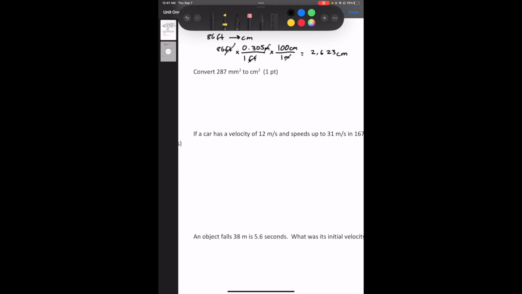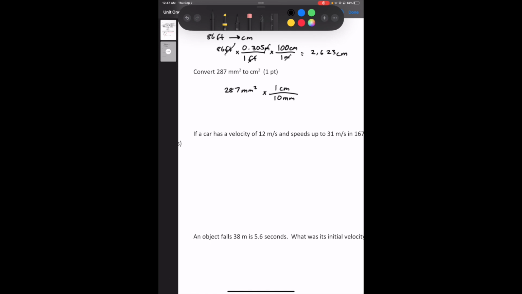And now for this next one, millimeters squared to centimeters squared. We can think in terms of millimeters to centimeters. How many millimeters are in 1 centimeter? Well, in 1 centimeter, there are 10 millimeters.